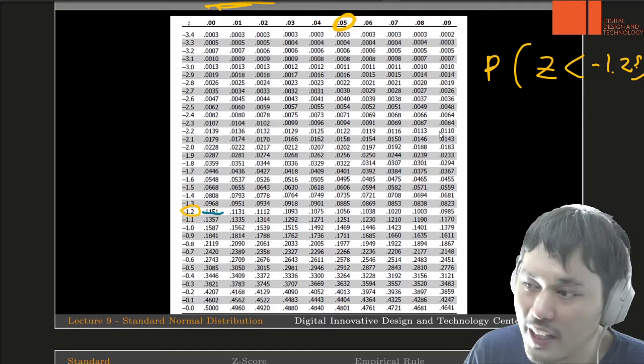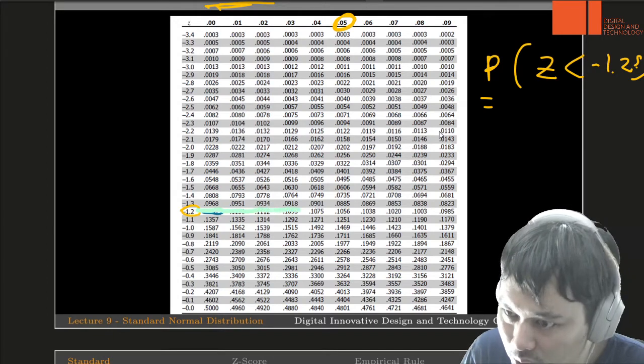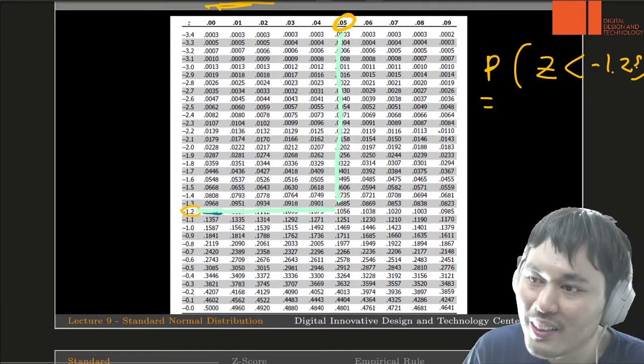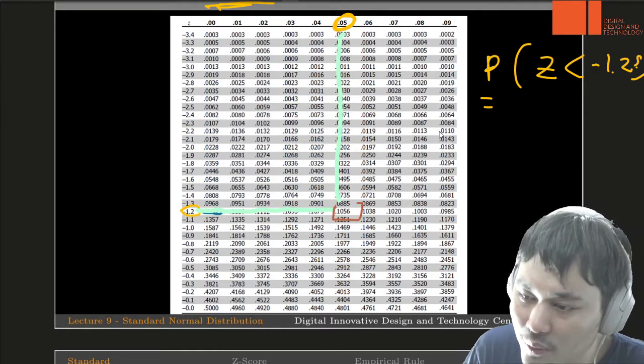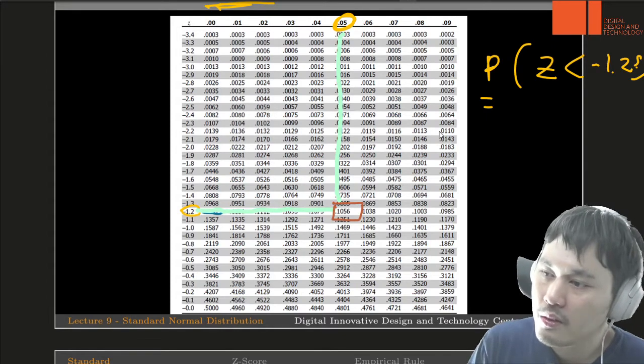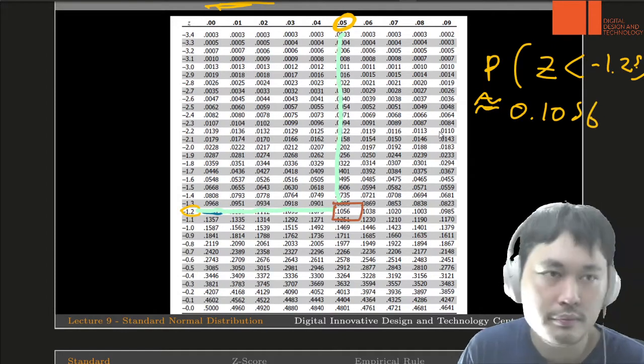That probability corresponds to the value in this table. If I make sure I'm looking at the right row and the right column, that will give me 0.1056. So you can say that it's approximately 0.1056.